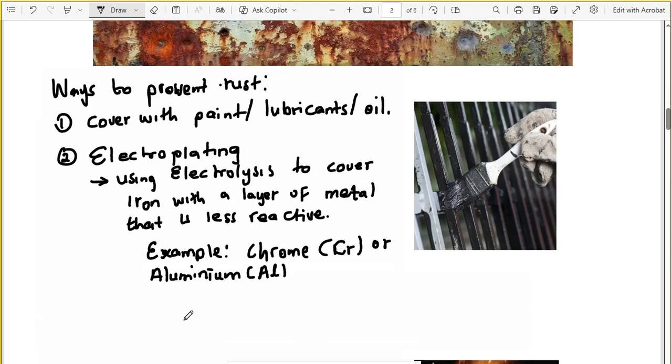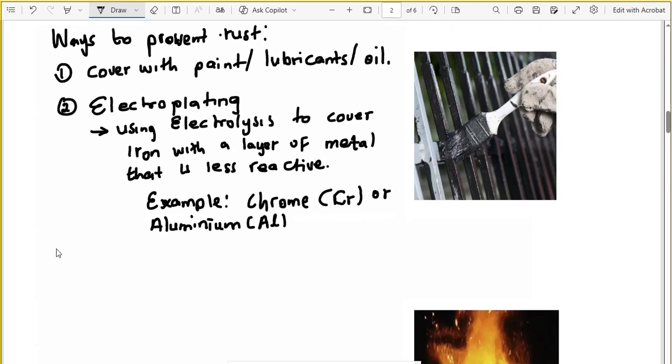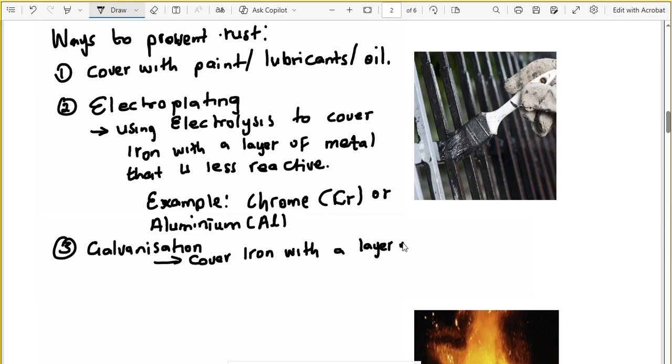And then another one that I can give you, let me give you the last one, is galvanization. When I say galvanization, I'm referring to covering the iron with a layer of zinc.